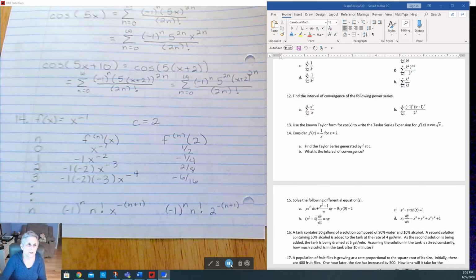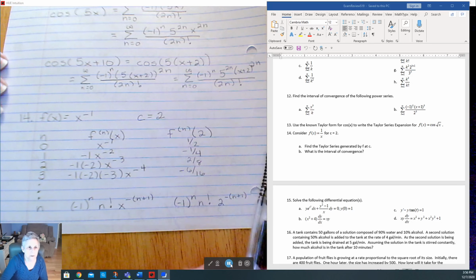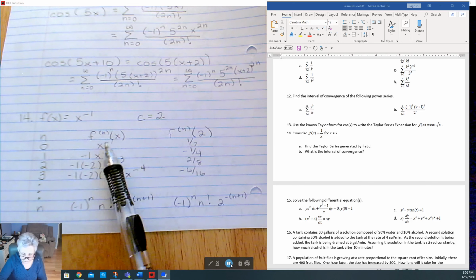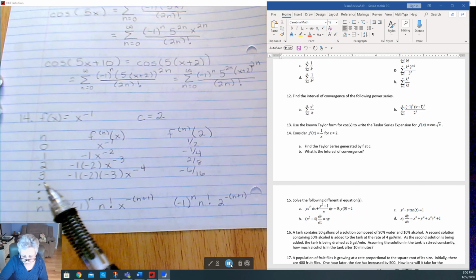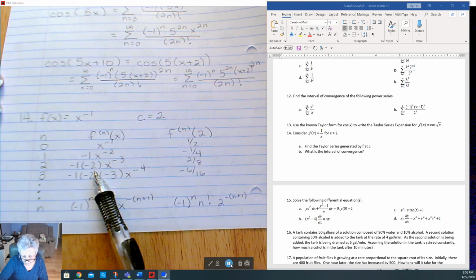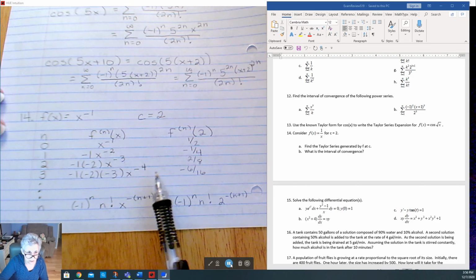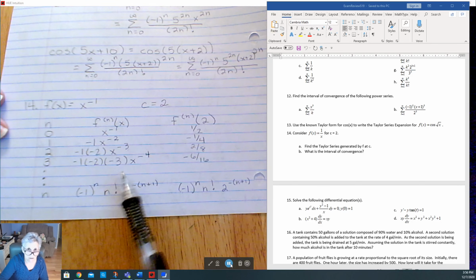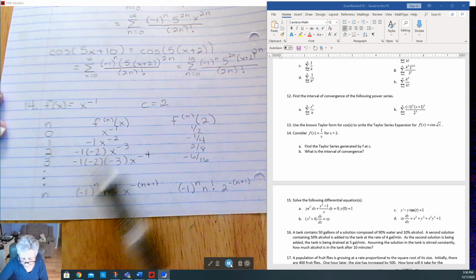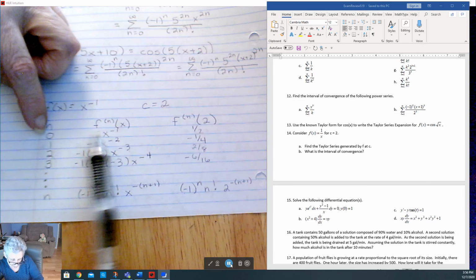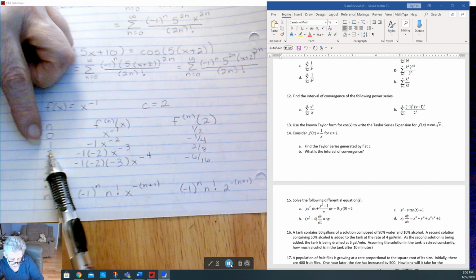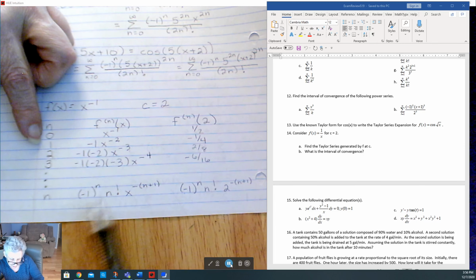Alrighty, I wrote f of x is x to the minus 1. So the first derivative, -1 falls down, subtract 1 from the exponent. -2 falls down, subtract 1 from the exponent. That was enough for me to see the pattern. I also check when n is equal to 0, it's positive. When n is equal to 1, it's negative. So (-1) to the n power.